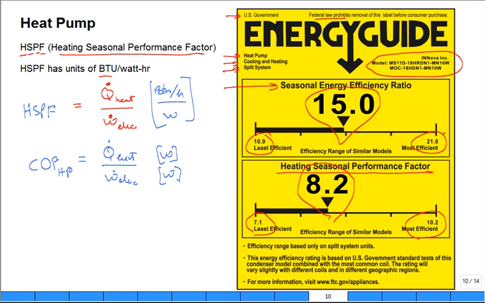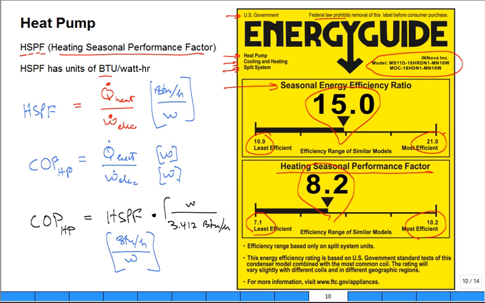3.412 BTUs per hour. So if you want to calculate the equivalent coefficient of performance for a heat pump, you take the HSPF value, which I'm just going to work out in units below, BTU per hour divided by watt, and you multiply it by the conversion factor that 3.412 BTU per hour is 1 watt, and now that will give you the COP of the heat pump.